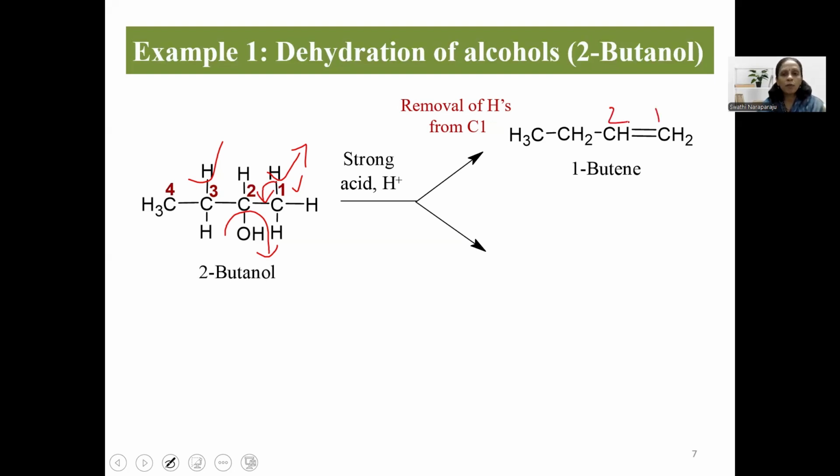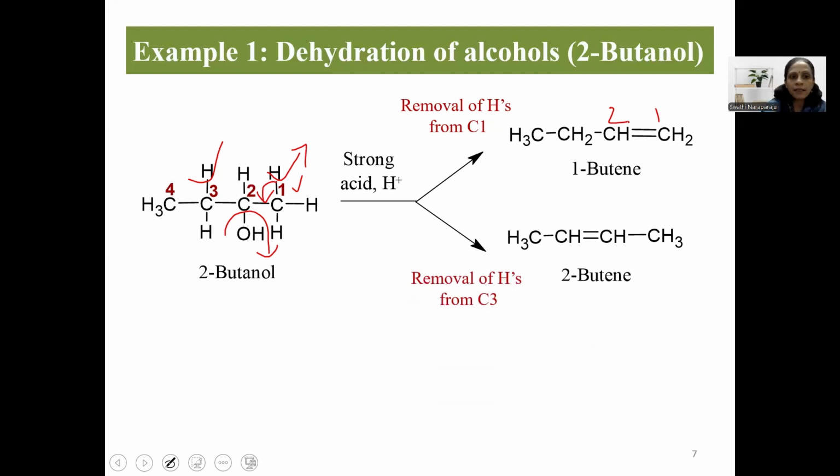So we get 1-butene as the product. On the other hand, there is a chance that hydrogen can be removed from third carbon also. So in that case, this hydrogen is removed and the bond which is shared between carbon and hydrogen at third position will be migrating to second and third position. So in that case, we will be getting 2-butene as the product.